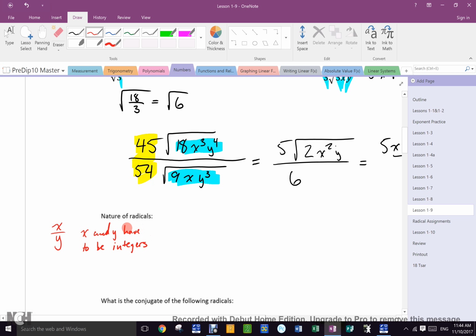So, knowing what you know about rational numbers, what can you say about what I'm about to write? Is that a rational number? Why not? Lauren?